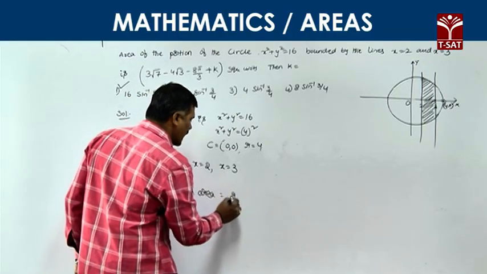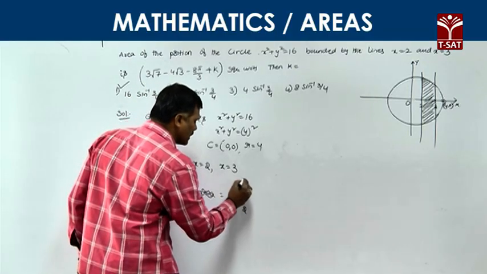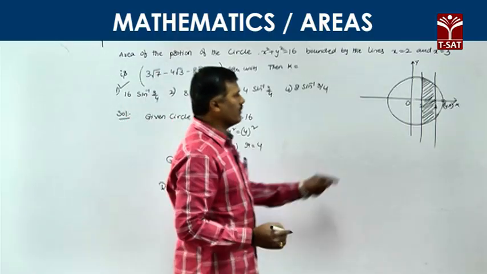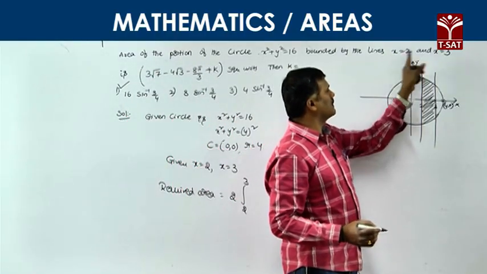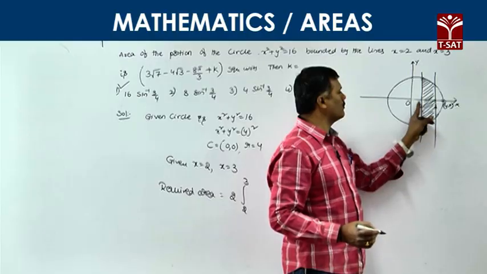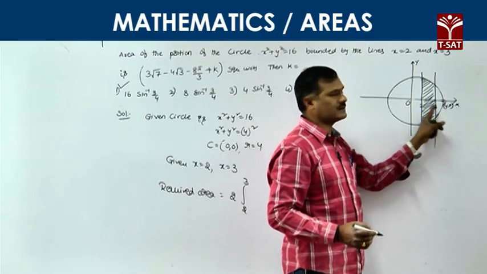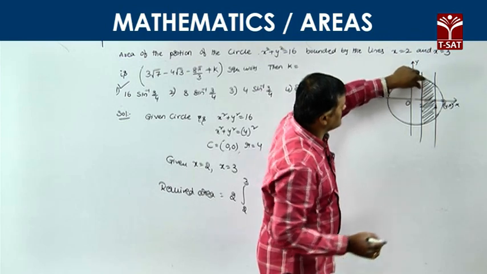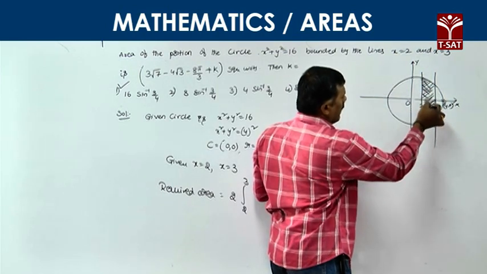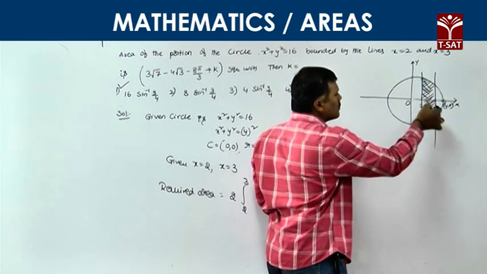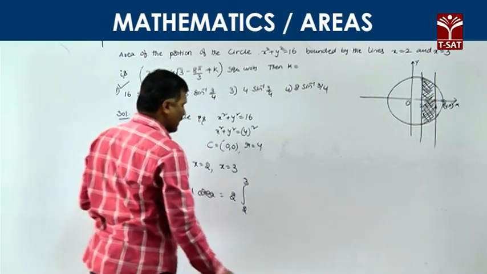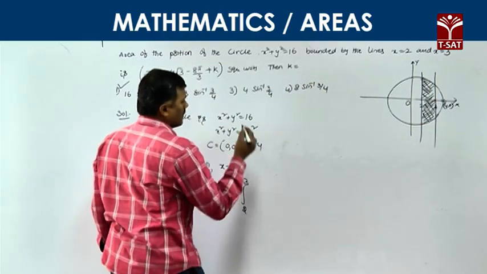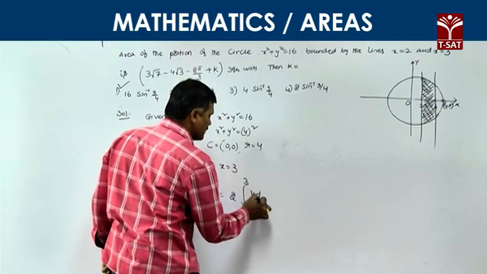Our limits are the given lines x is equal to 2 and x is equal to 3. From above the x-axis, this is our required area, and below the x-axis also the same area. That's why 2 times the integral from 2 to 3 of y dx.